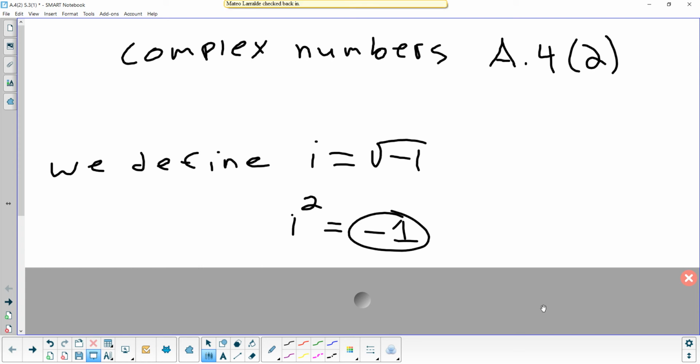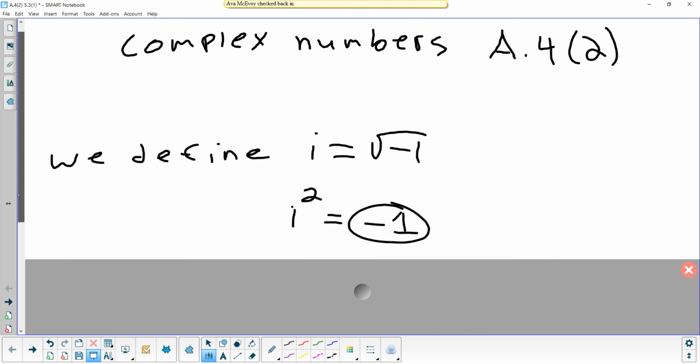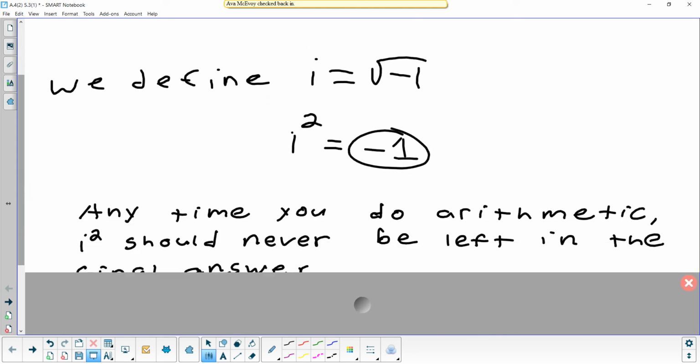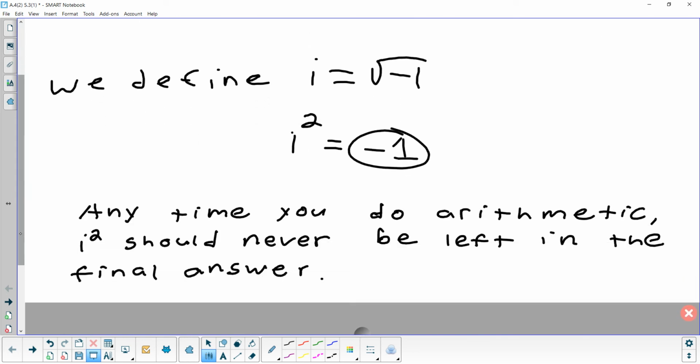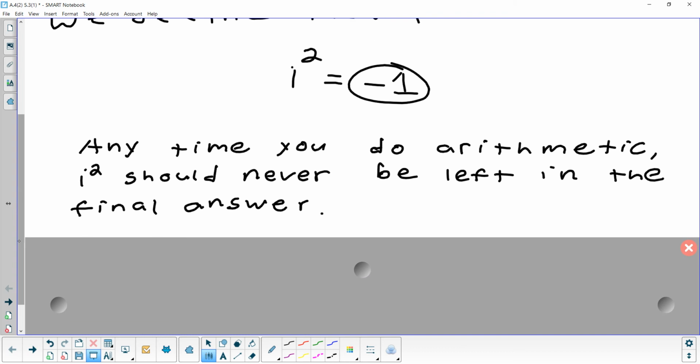Anytime you see I squared, you have to remember to change it to -1. Where you're going to see I squared come up a lot is when we multiply and when we divide. It doesn't usually come up when you're adding or subtracting. Multiplying and dividing, absolutely.